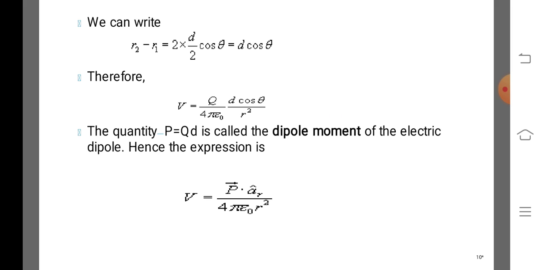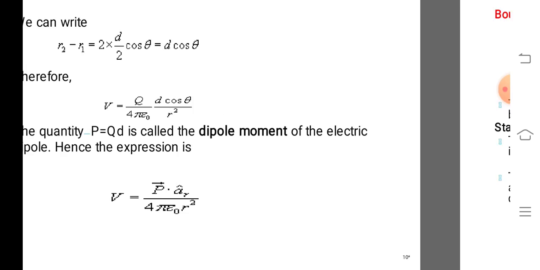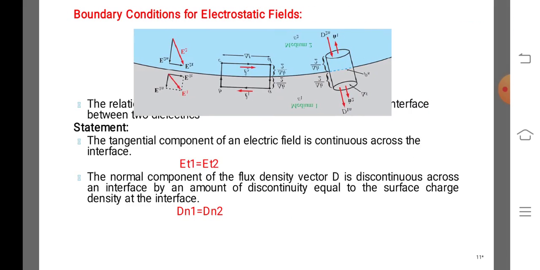The expression is V equal to P vector dot AR cap by 4 pi epsilon naught r square. Next, we can move on to the boundary conditions for the electrostatic field. This is very common and important for the electrostatic field because it rules the entire engineering subject. So, we can give more importance to these boundary conditions.